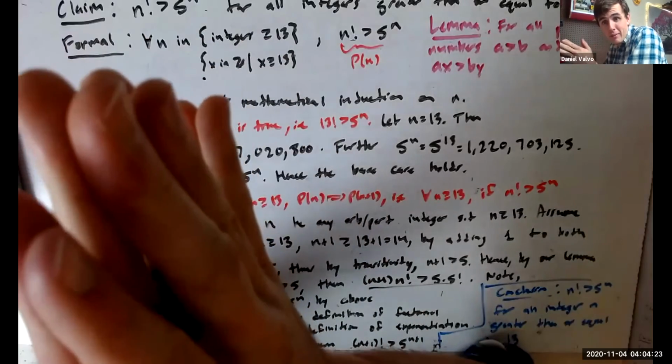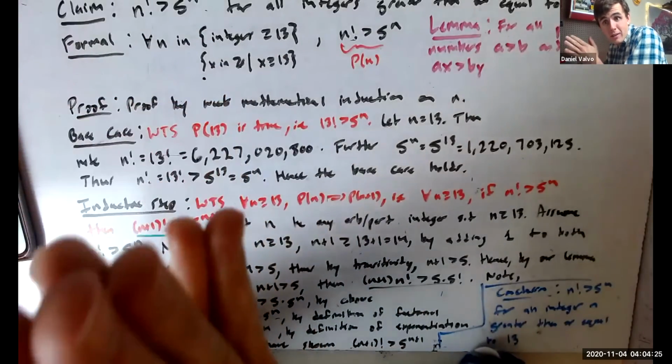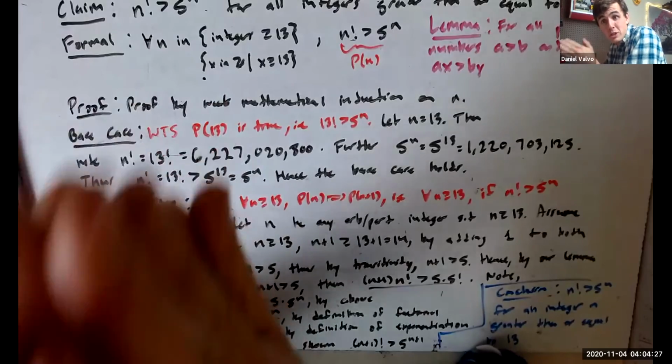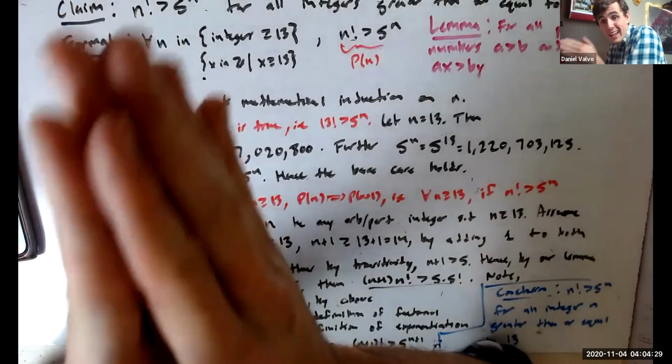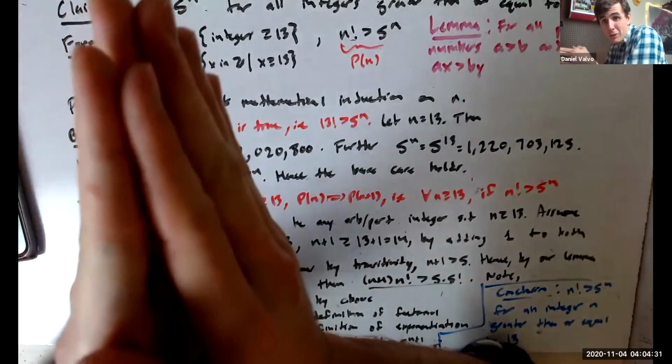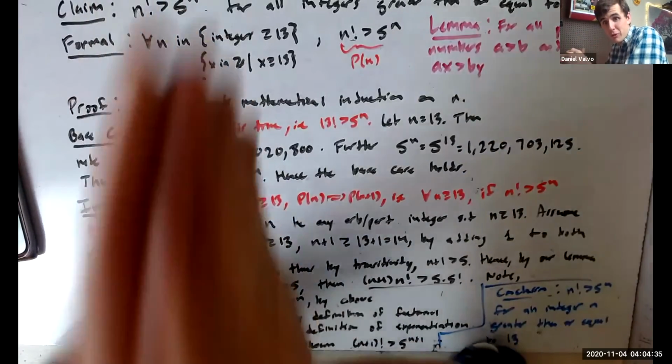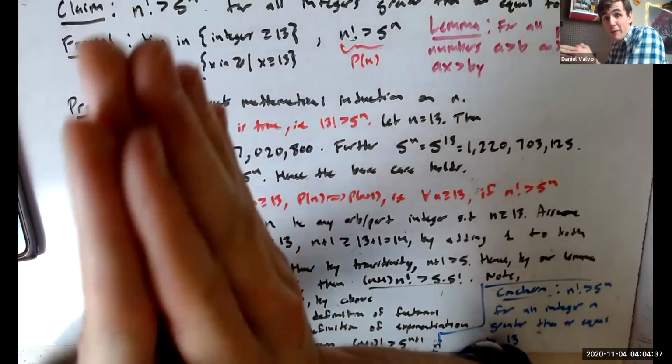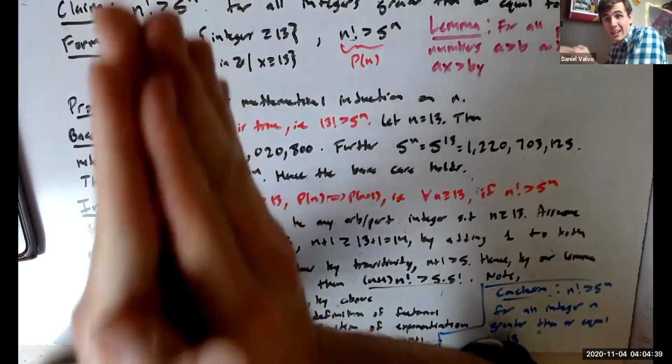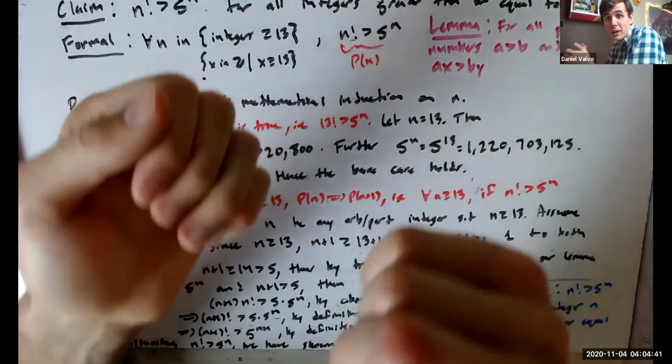So every factor in 3 factorial, 1, 2, and 3, is less than 5, and so clearly 3 factorial is less than 5 to the 3. Same thing with 4 factorial: that's 1 times 2 times 3 times 4, and 5 to the 4 is 5 times 5 times 5 times 5. Again, every factor in the 5 case is bigger.